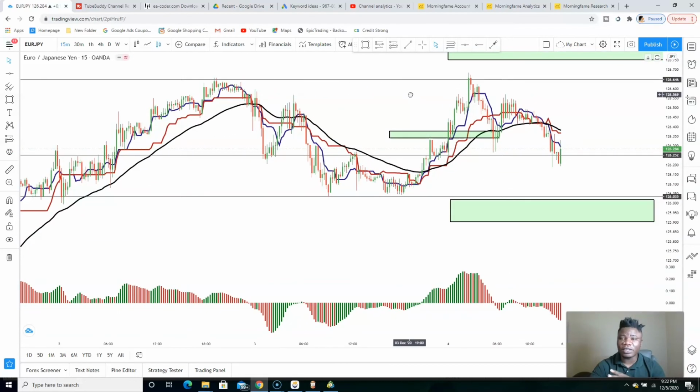And fair enough, if you guys see, before the pullback, before the reversal, price actually touched this same resistance zone before it tried to come down. So you would have set your TP here, and if you want to get more than 10 pips, you'd set your take profit here. And then you would have made your money.